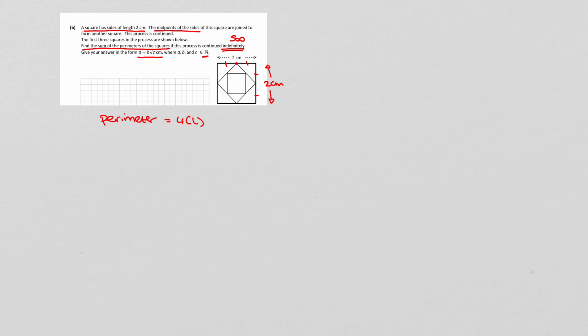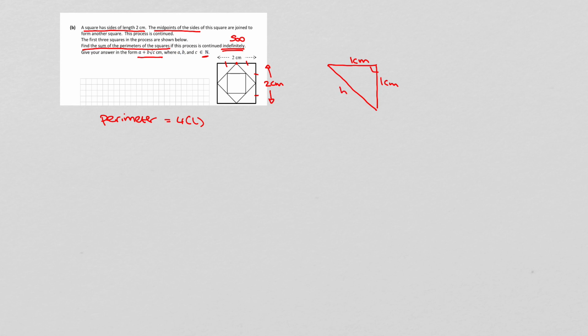So therefore, to find the length of the square side, we can just see that we have a right angle triangle. So if I take out that right angle triangle, we have our midpoint divides the line in half. So that gives me 1 centimetre by 1 centimetre.